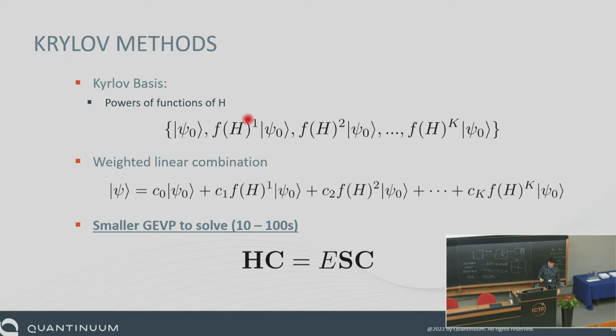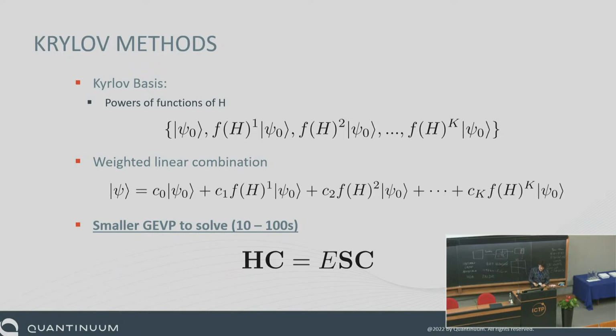These are typically on the order of 100, maybe less, whereas before you're scaling exponentially. So your wave function is now a linear combination of your reference state plus your first state, which is the first power of the Hamiltonian function, etc. Then you still have this generalized eigenvalue problem, but it's much smaller.